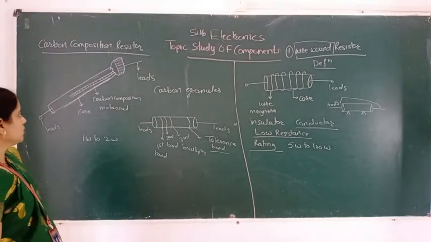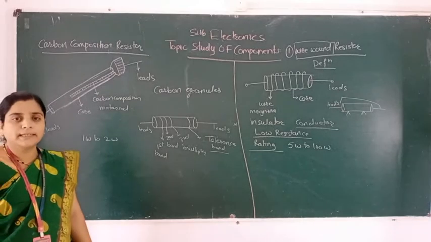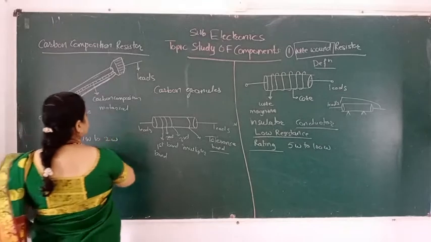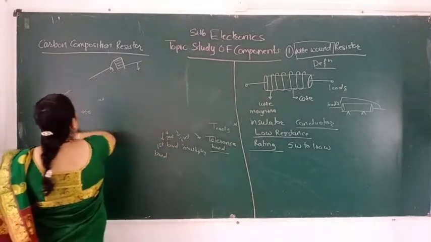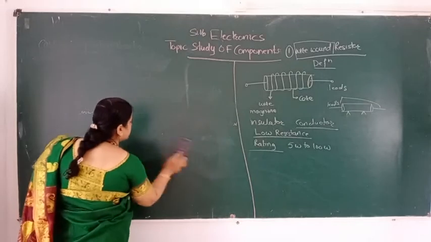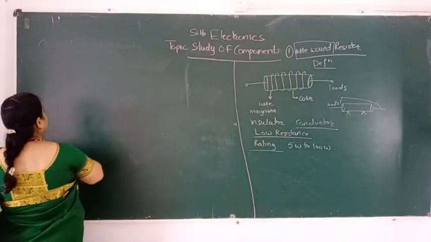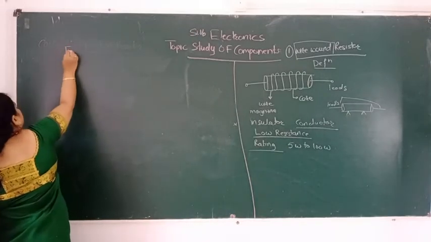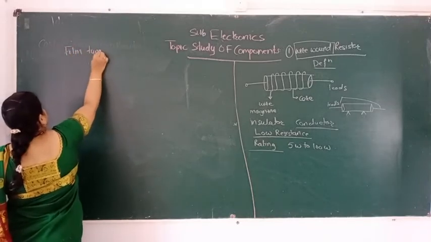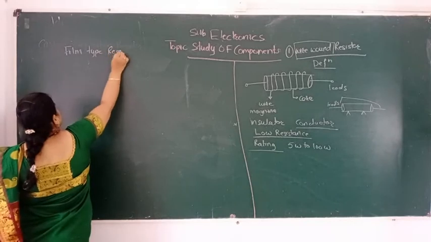Next is what? Number 3 is film type resistor. All of you understand this? Carbon composition resistor done. Now third we will see is the film type resistor.